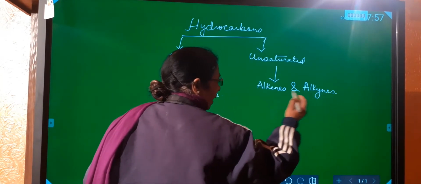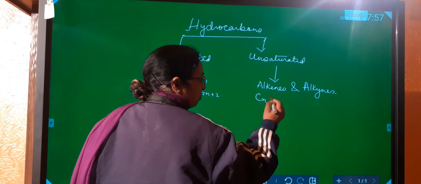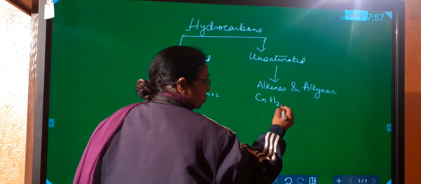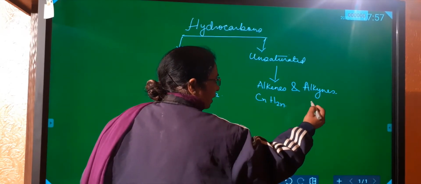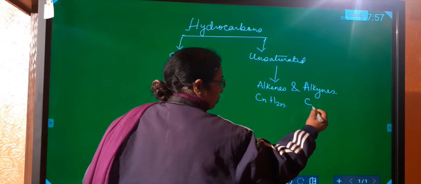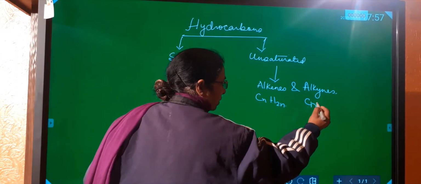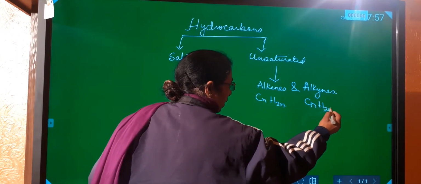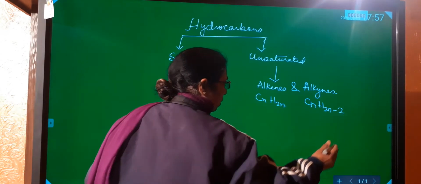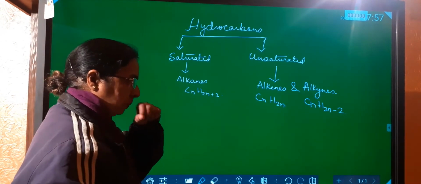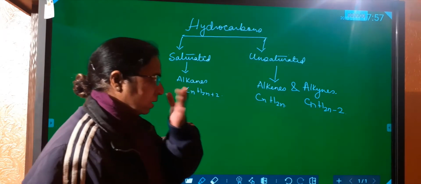Alkenes have the general formula CnH2n, whereas alkynes have the general formula CnH2n minus 2. Alright. Now students, say supposing you are given any compound.